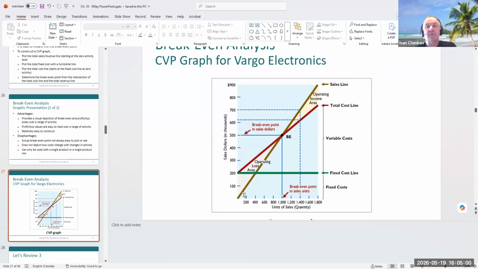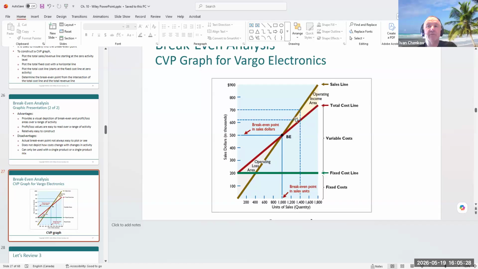What you need is to achieve enough sales so the contribution margin of the total sales first covers the total cost. This is the break-even point, where the contribution margin from the sales covers the variable cost and the fixed cost. After that, you're on the profit side.